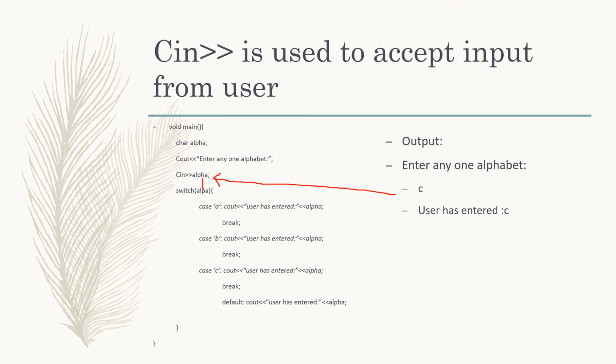Case B, is alpha equal to B? No, it is false. Then we will check for case C. So is alpha equal to C? This is true. Hence we will see the user has entered C, and then you will execute break and come out of the switch.